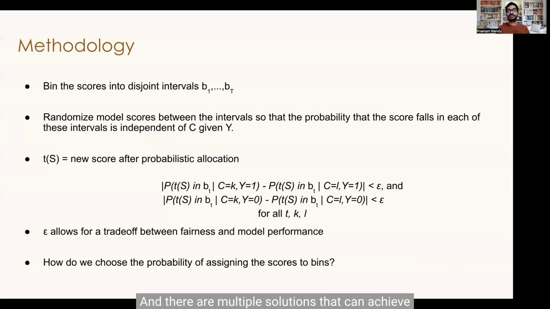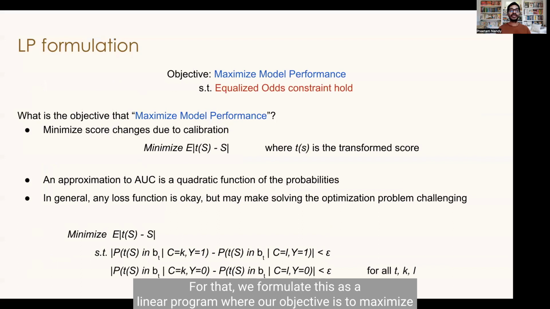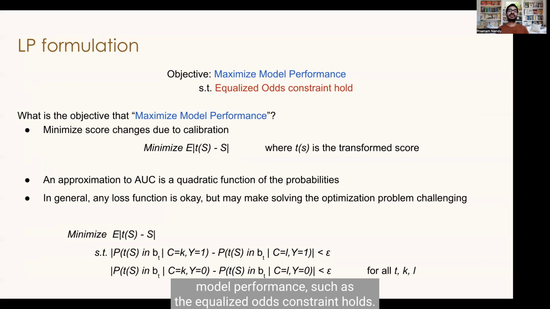There are multiple solutions that can achieve equalized odds, but we want to choose the best one according to performance. For that, we formulate this as a linear program where our objective is to maximize model performance such that the equalized odds constraint holds.